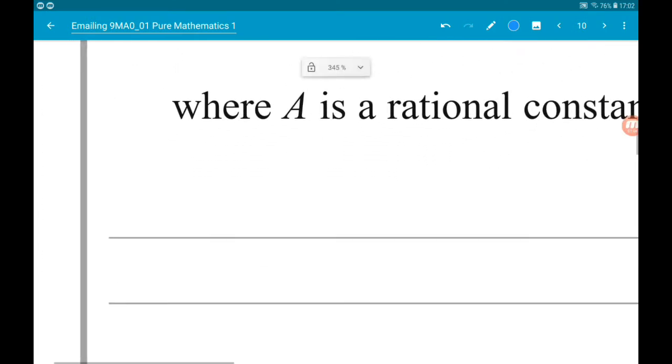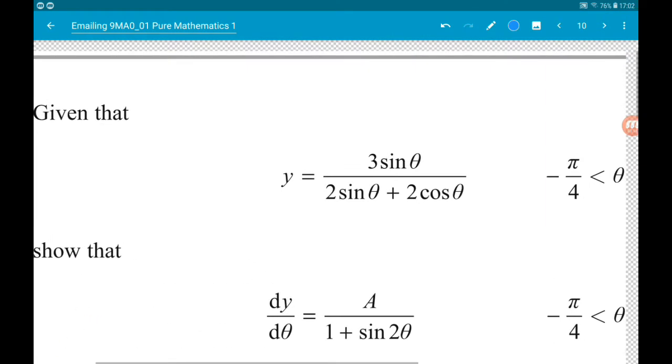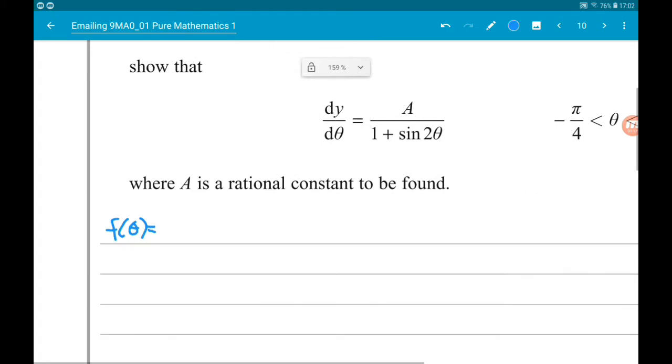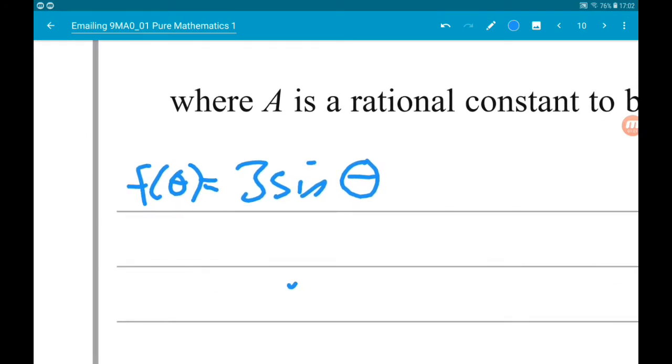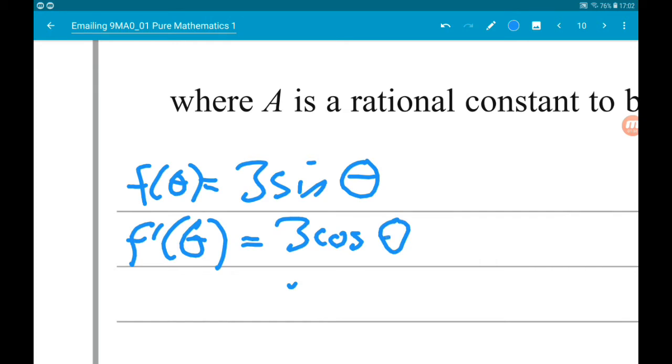f of theta is 3 sine of theta, and then f dashed is going to be, well, sine differentiates to cos, so it will be 3 cos theta.